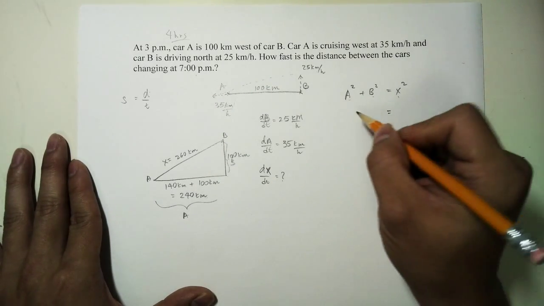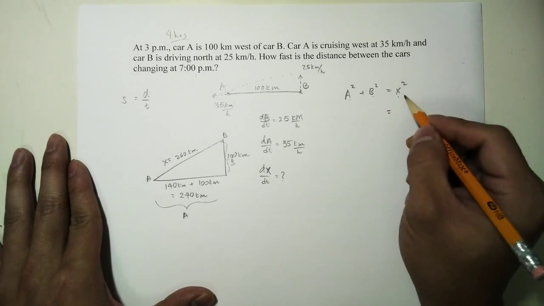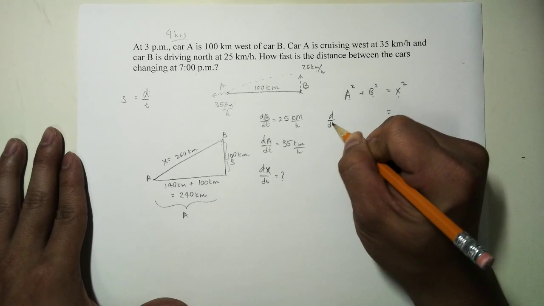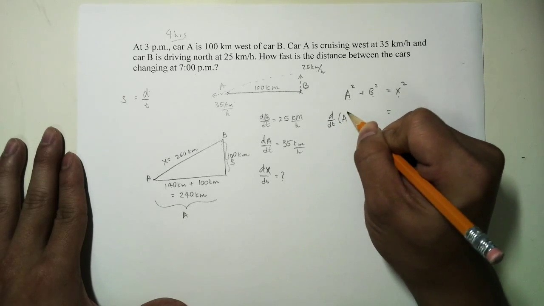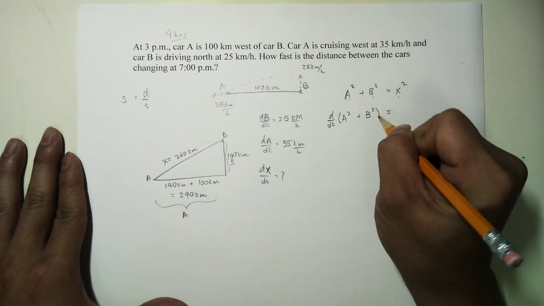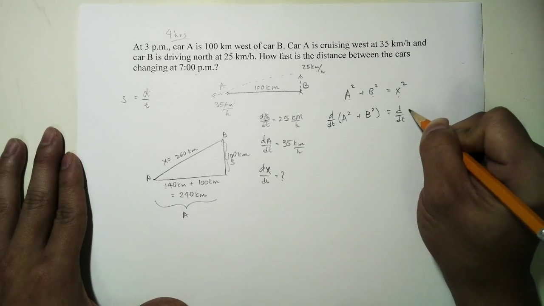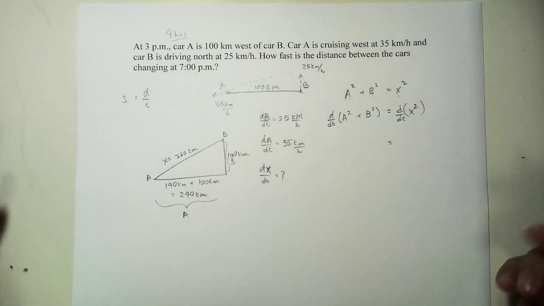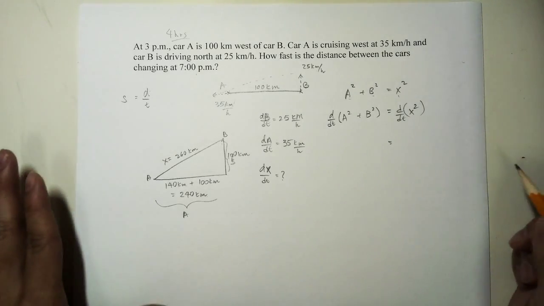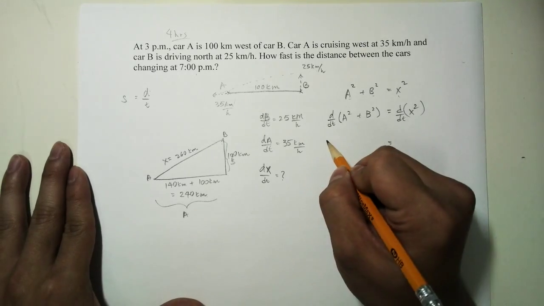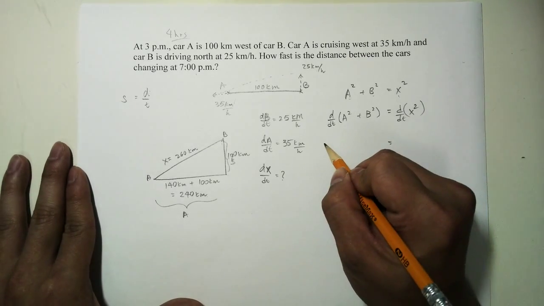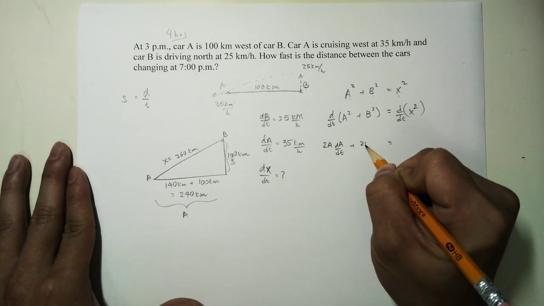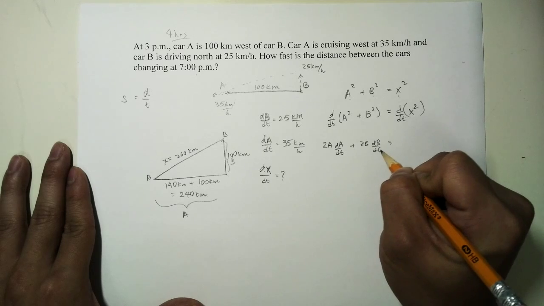So what we will do is differentiate this equation. If you have seen the previous videos, this should be very familiar to you. I'm going to do this a little bit faster because you should be very equipped after watching my previous videos. So it's going to be 2a dA/dt plus 2b dB/dt.